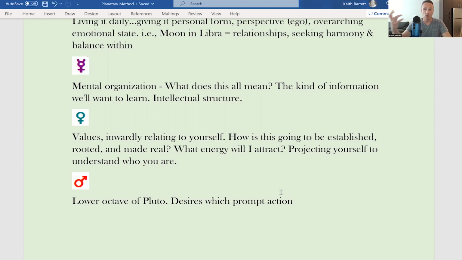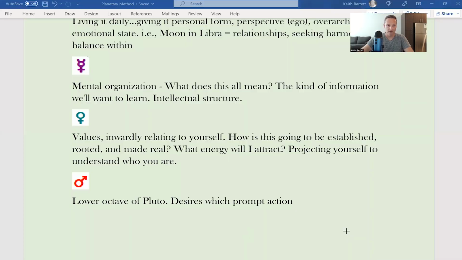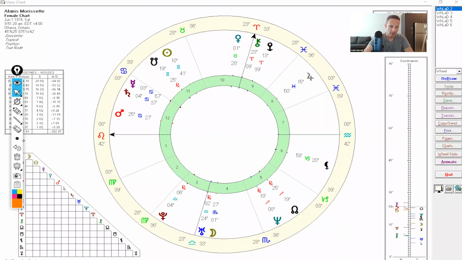And it's also what energies is she going to attract to her, and then what is going to be reflected back to her in relationships. And so we go back and we locate Venus for Alanis, and it is up in her 10th house in the sign of Taurus.